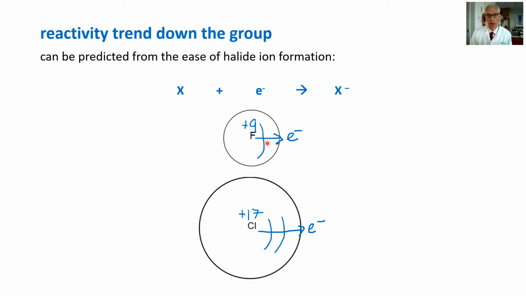And therefore fluorine with a much shorter atomic radius and less inner shell shielding has a greater nuclear attraction for an electron to be captured, and therefore fluorine is much more likely to form the halide ion than chlorine. And we would expect that trend to be repeated down group 7.